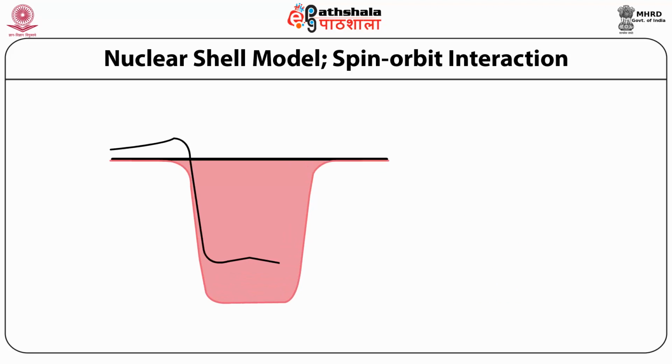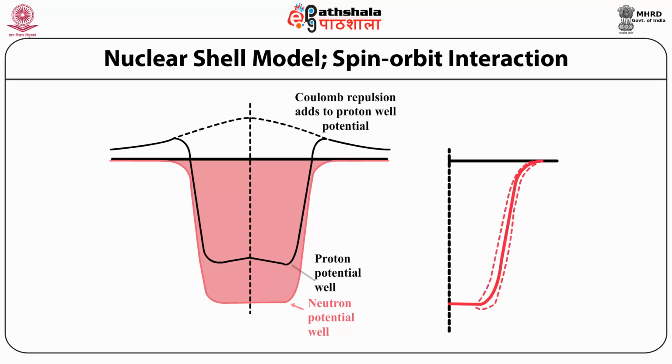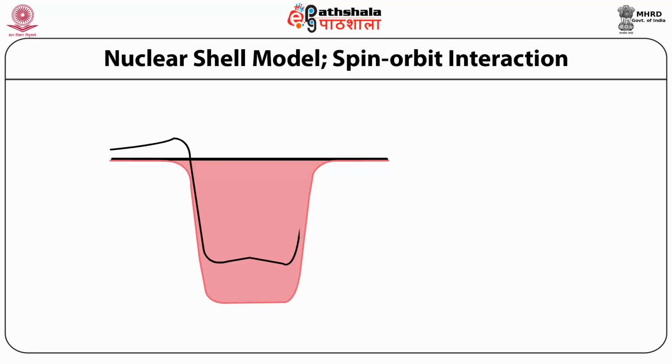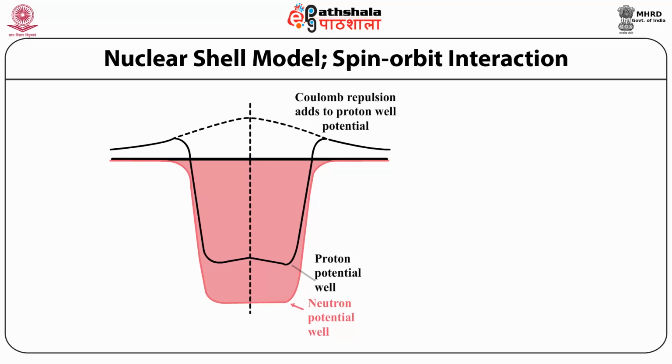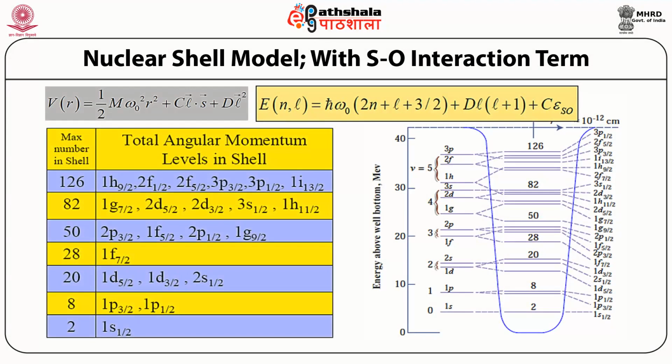Corresponding to L minus S, the width of the nuclear potential is smaller. Corresponding to L plus S, the width is expanded compared to the case when there was no spin-orbit interaction. Nuclear shell model with spin-orbit interaction term.